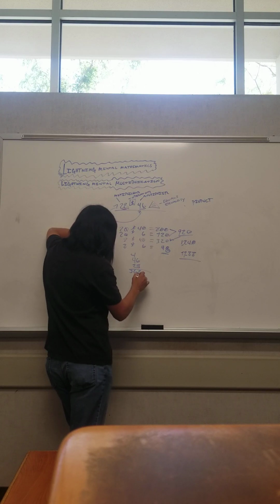Okay, and then you put a 0 down here, right? And then we have 2 times 6 is 12, carry the 1, 2 times 4 is 8, 9, right? So we do that and add them up, and we get 1288, okay.